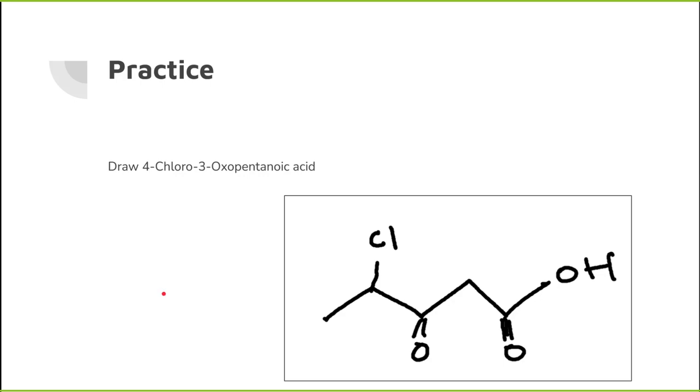So did you get something like this? So here we have our carboxyl group. So this is going to be the first carbon, second, third, fourth, fifth. So that means this is 3-oxo, and this will be 4-chloro. Good.